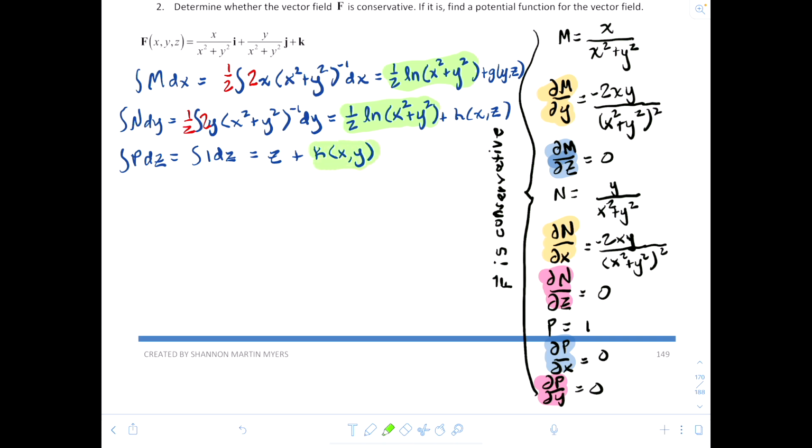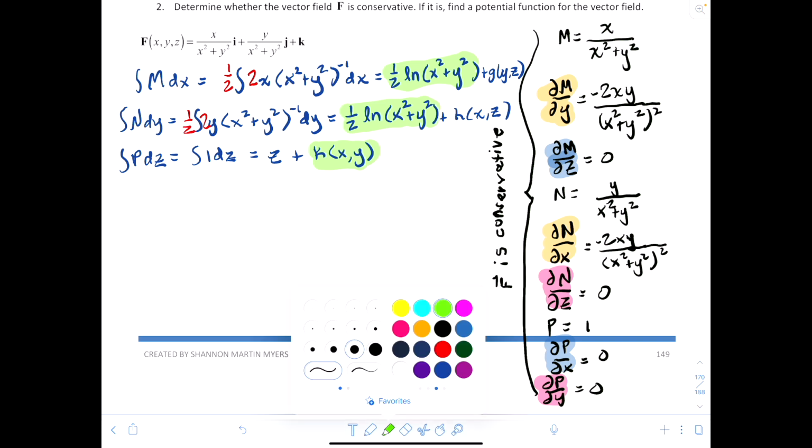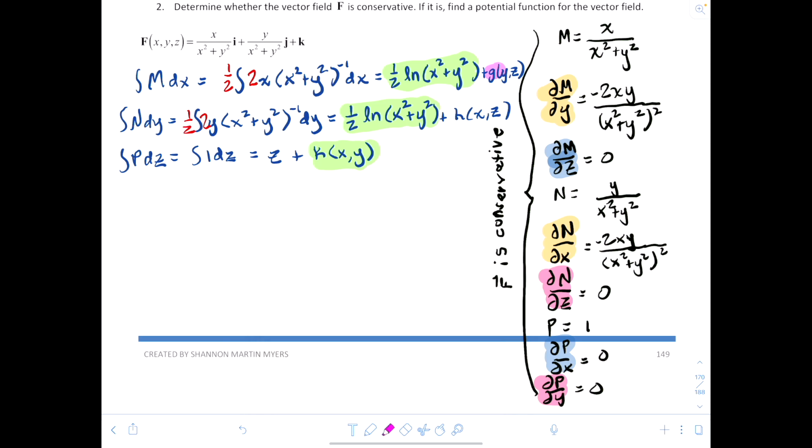Groovy? And then our function that has z in it is just z, right? So we will have g of y and z equal to h of x and z, which will equal z, and then we'll have some constant k.